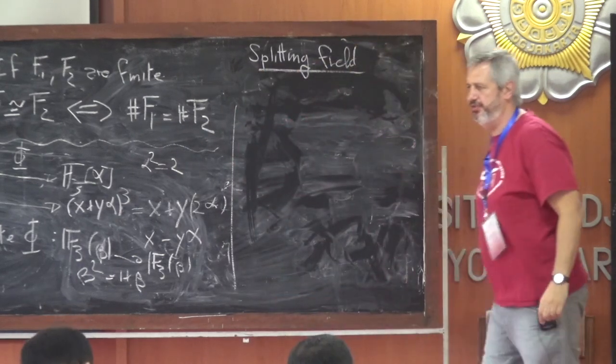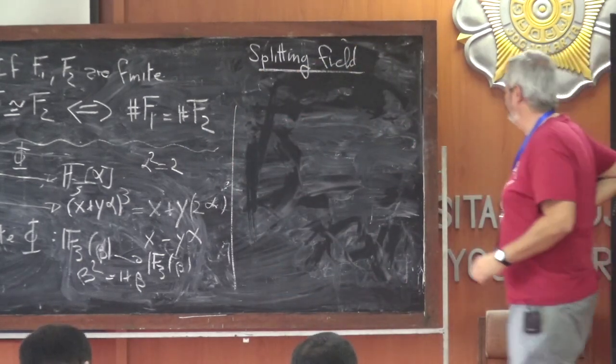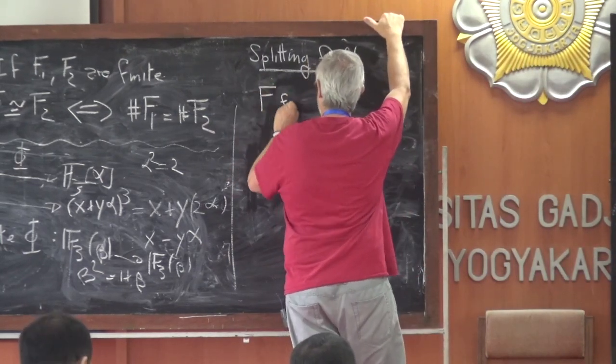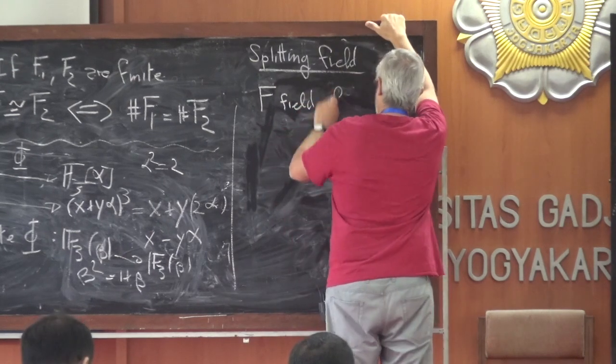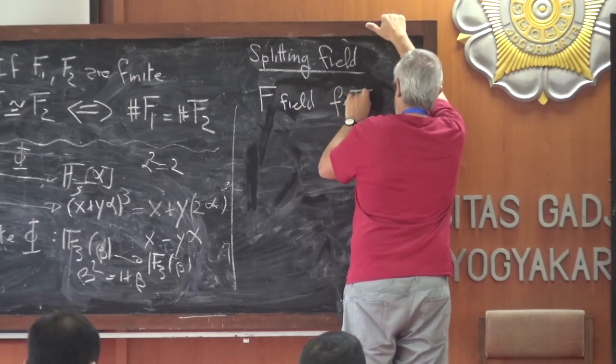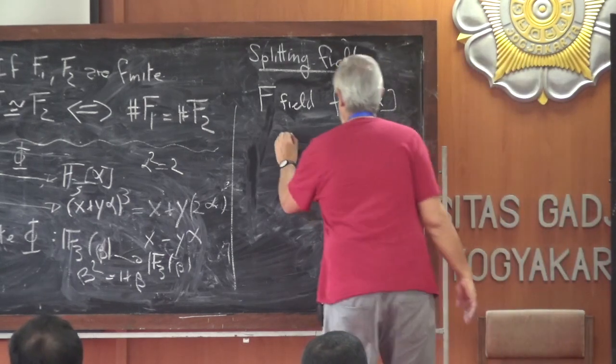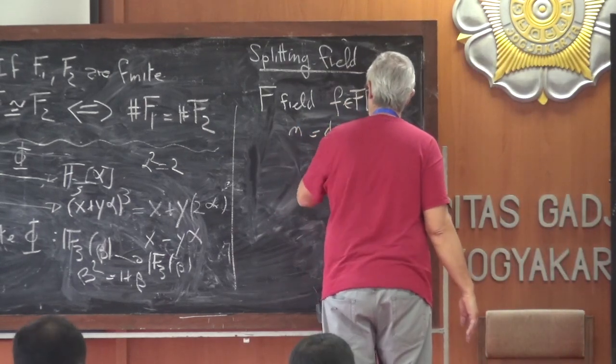We need to discuss this notion. So the input would be a field F and a polynomial f, and n is the degree of this polynomial.